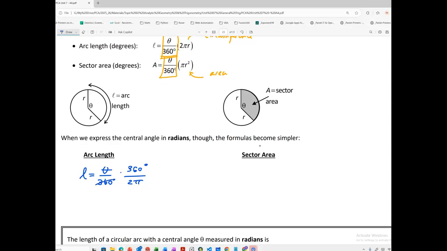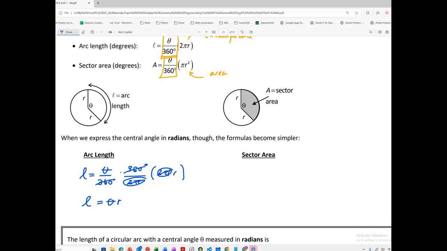That gets rid of my degrees and puts me in radians. And then I simply use the circumference 2 pi r as before. But what happens to my 2 pi in the denominator here? It's going to cancel with the 2 pi in the numerator, and it's going to leave me with the length of an arc in radians is just the rotation times the radius. So much simpler than before.